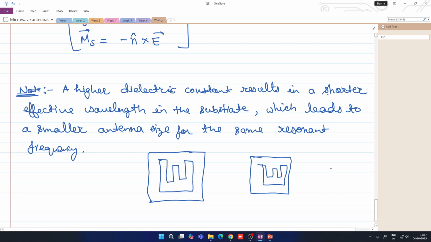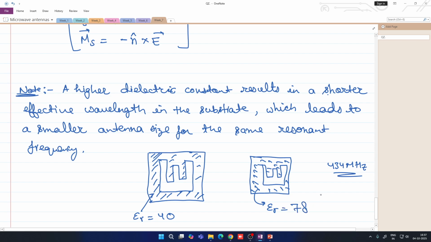Let's say both are resonating at 434 megahertz, but the only difference is this one has a substrate whose dielectric constant epsilon r is, let's say, 40, and here it has a substrate with a dielectric constant of, let's say, 78 or something, which results in a shorter size.